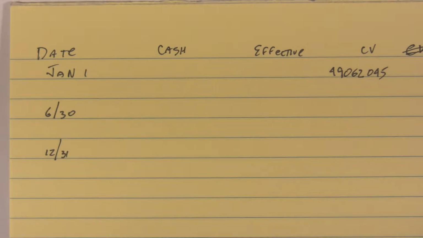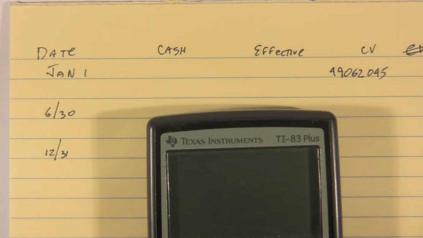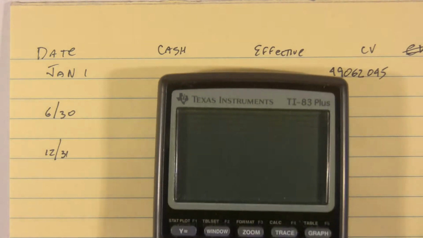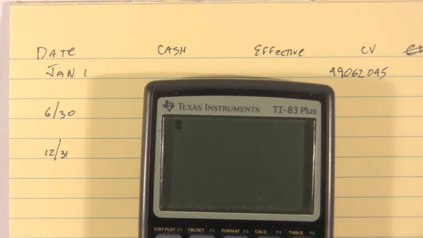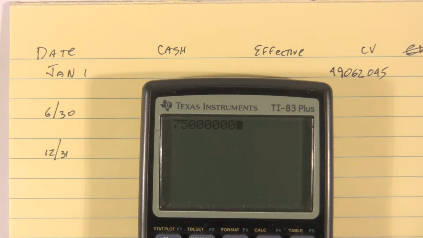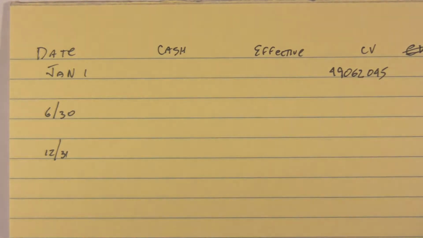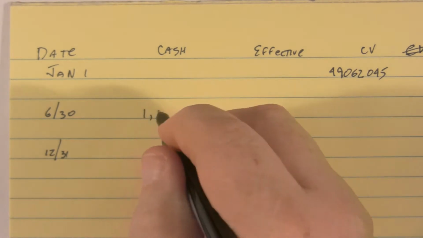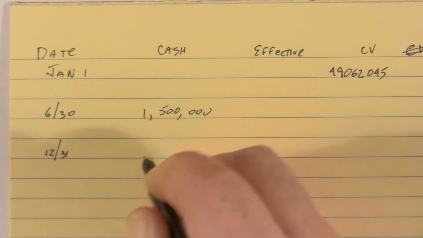Each time, it's a total of 75 million times 4% divided by 2, because they send it out twice a year. So each time this company sends out a check, the check is for $1,500,000. That's the cash that we get twice a year.